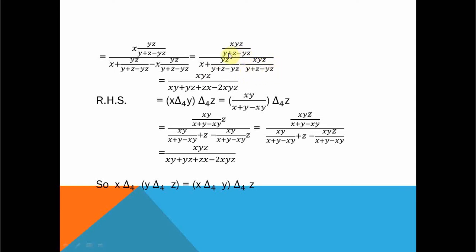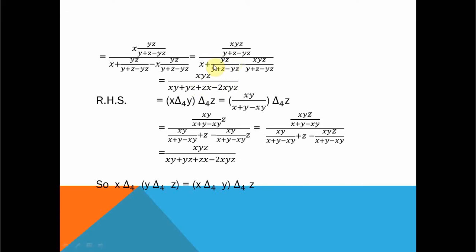We just multiply y plus z minus yz on both numerator and denominator. We get xyz divided by xy plus yz plus zx minus 2xyz. If we multiply the denominator with y plus z minus yz, we get these terms.